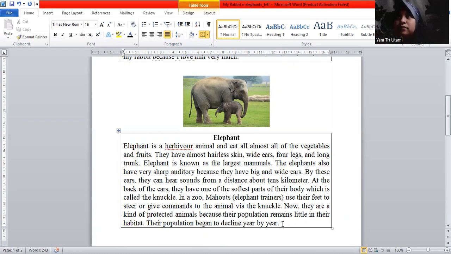Okay guys, if you have done the group work assignment, I want to ask you to make your own descriptive text using your previous group result. I mean, you also make the framework for your descriptive text.